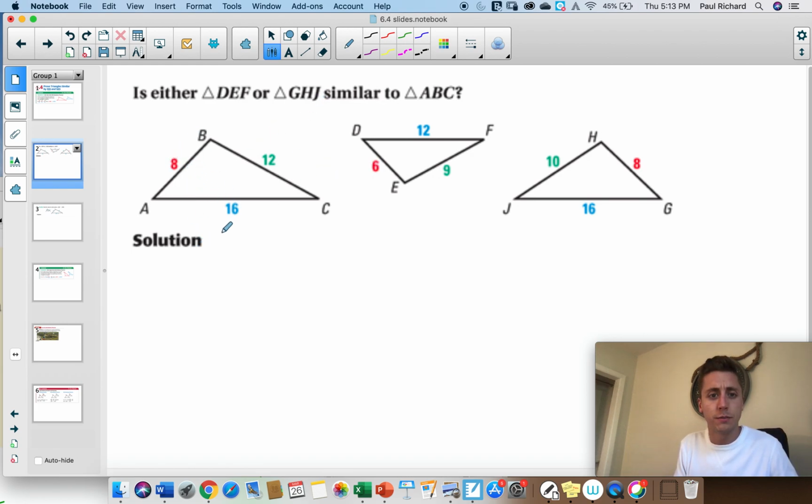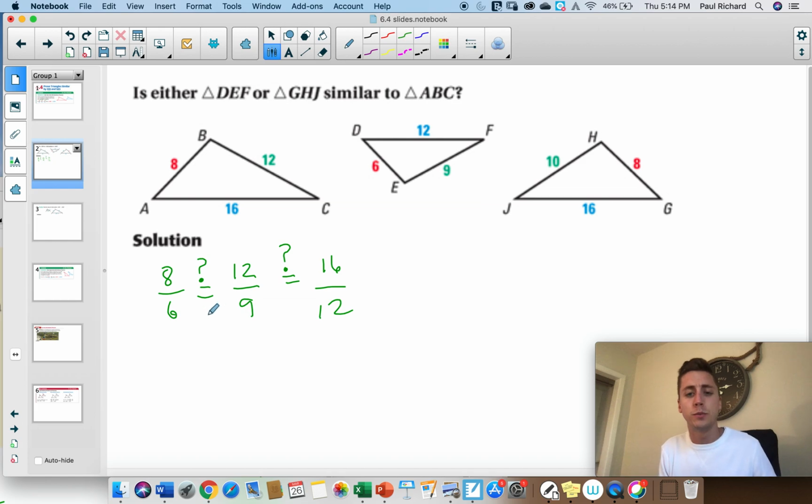8 to 6 is equal to 12 to 9, which is equal to 16 over 12, right? So I'm checking to see if this triangle DEF is similar to the original one, and then we'll check this one over here. But you're going to notice I'll use question marks above my equal signs, because we don't know if they're equal.